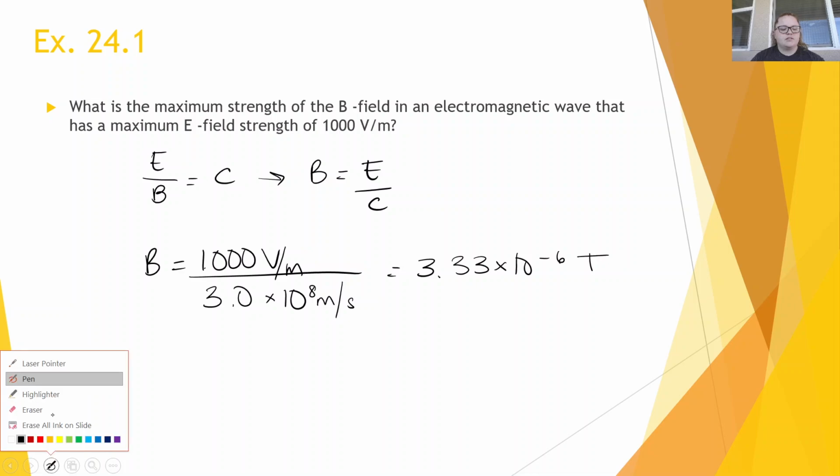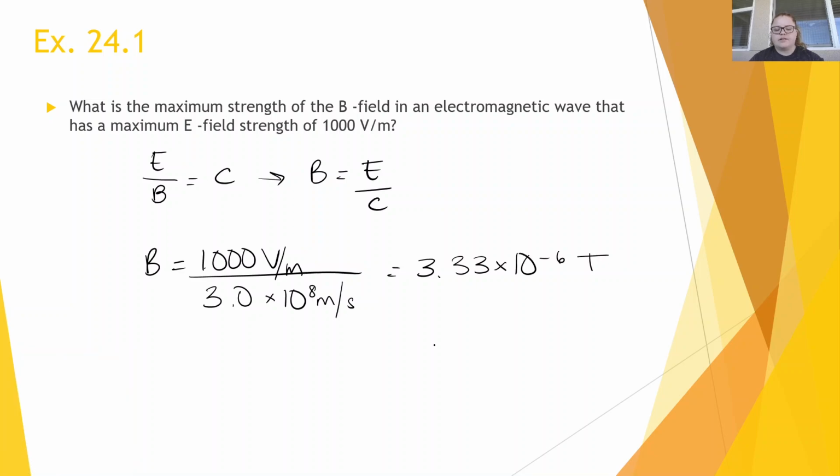It's a little bit sloppy, let me fix that. Okay, so this would be micro Teslas, maybe? Okay, so this is a very small B field for that maximum E field strength.